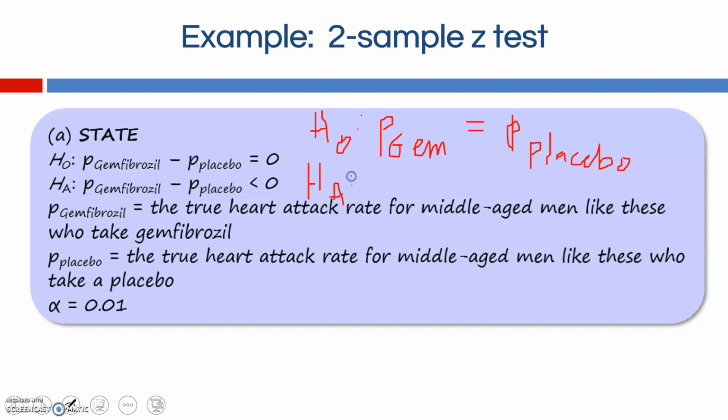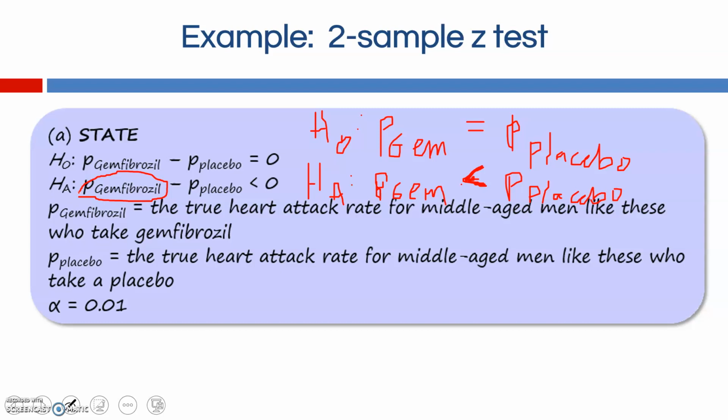And your alternative can be written as P sub gem is less than P sub placebo. Now, remember, we want to see if this heart attack rate is less than the heart attack rate of the placebo group, because we want to see if that medication really is making the heart attack rate lower for the gemfibrozil group.